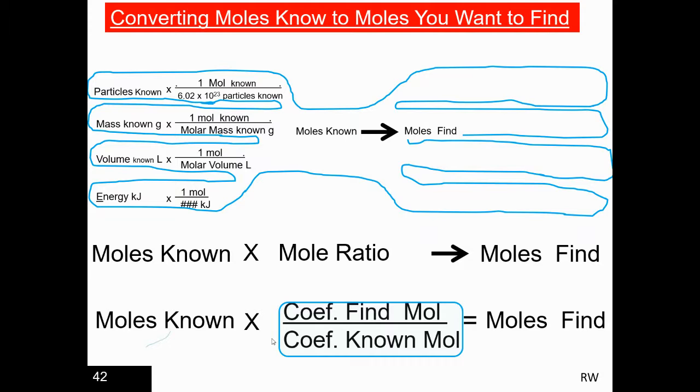So you look in the balanced equation in front of the chemical you're trying to find, and the coefficient in front of that chemical is the number of moles that you're going to put into the mole ratio in the numerator. You do the same thing for the known chemical, but you put that in the denominator. Why? Because you want to cancel the known and turn it into the chemical you're looking for.